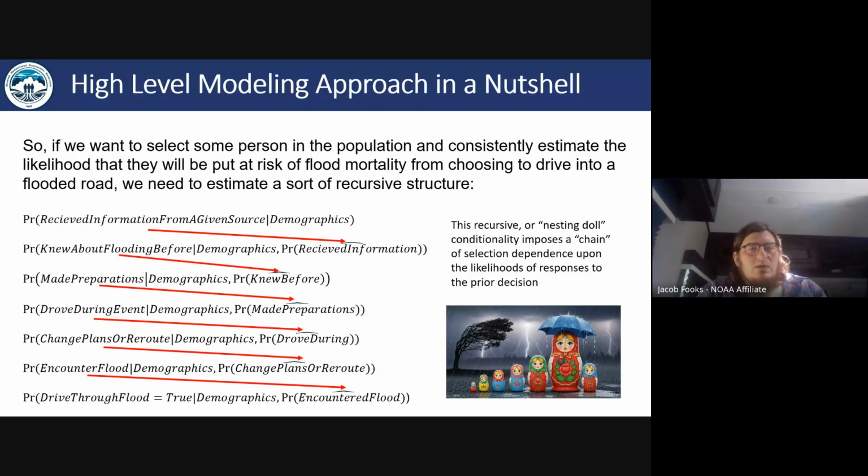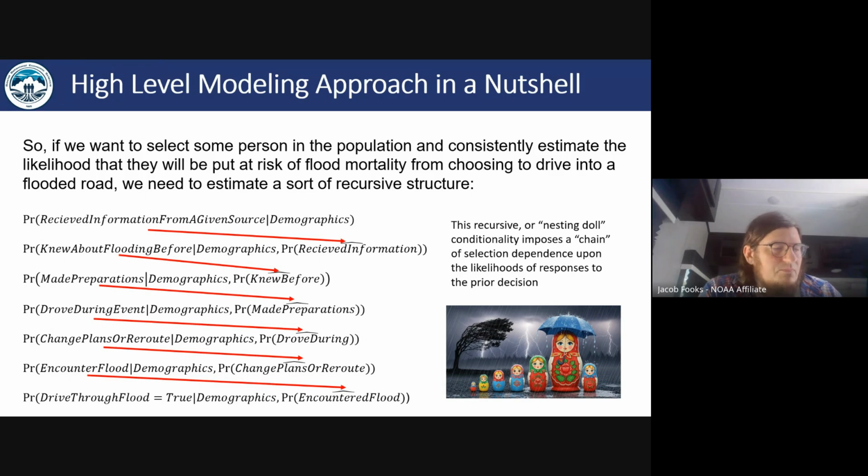Right. And so this is what this actually looks like. And I think this is perhaps the most intimidating slide that we're going to have, but also the most concrete and useful, maybe, if you find concrete useful, right? And this is where we really see this nesting doll idea.